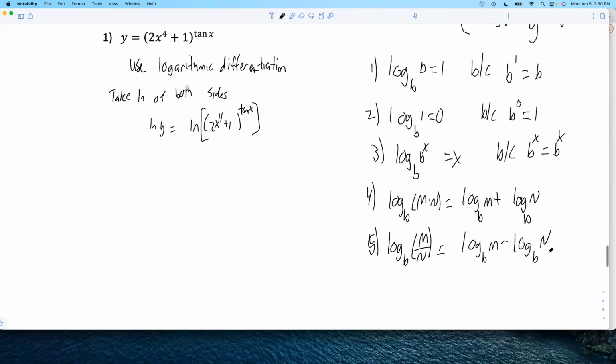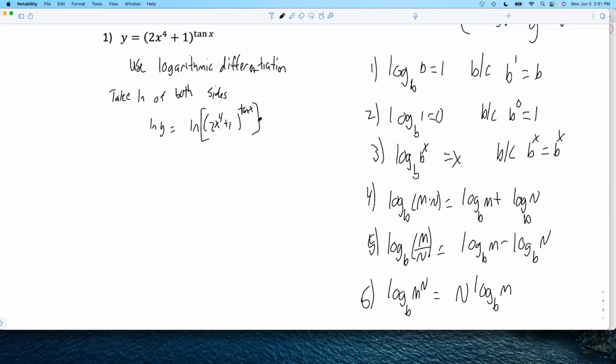And then you have your power rule for logs. Log base b of m raised to the n, that exponent there can come down to ground level with everyone else. These I won't prove, but they really just come from rules of exponents. You got to know the rules of logs or you're going to have a really bad time here.